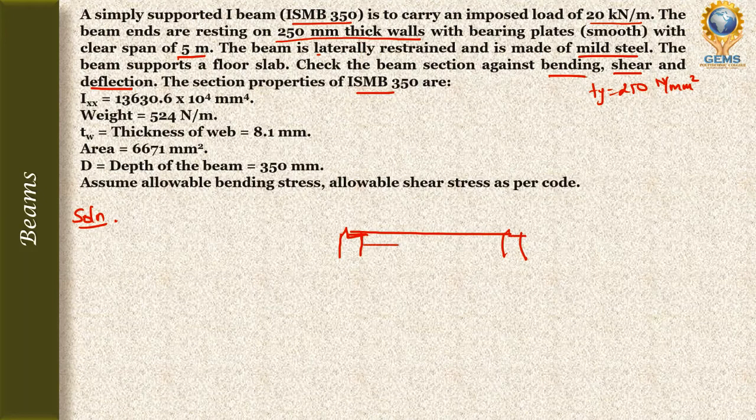So this distance, the clear span, is 5 meter. The wall thickness is 250 mm.